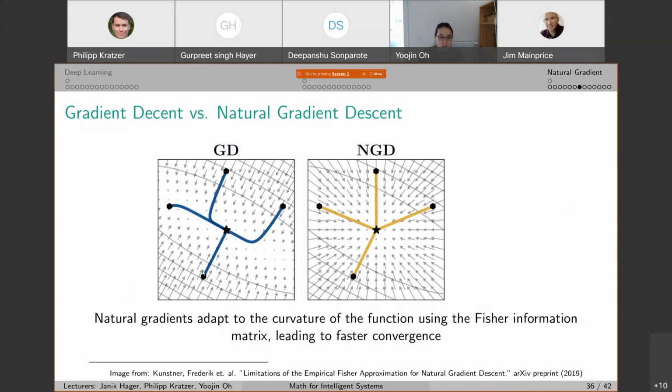Here you would be lucky enough to go directly to the global minima, but in this case, you would first have to travel this way, and where it's really flat, you take small steps towards the global minima. Whereas natural gradient descent takes into account the intrinsic shape of the underlying function. So from wherever you start, you will more or less reach the global minima faster than gradient descent.